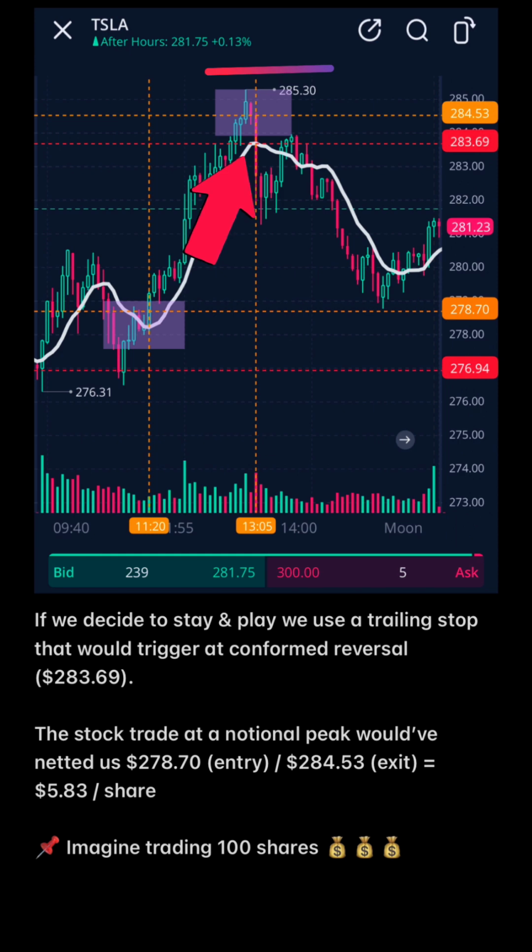Well, we can utilize a trailing stop loss, and that would trigger at a more significant confirmation of the reversal, and you can see that at that top red line right there. The stock trade at a notional peak would be giving us about 278 at the bottom and 284.53 at the top, and net us about 6 dollars per share. Now, it doesn't seem like a lot, but imagine taking 100 shares of that. Now you're talking about some serious bank, right?